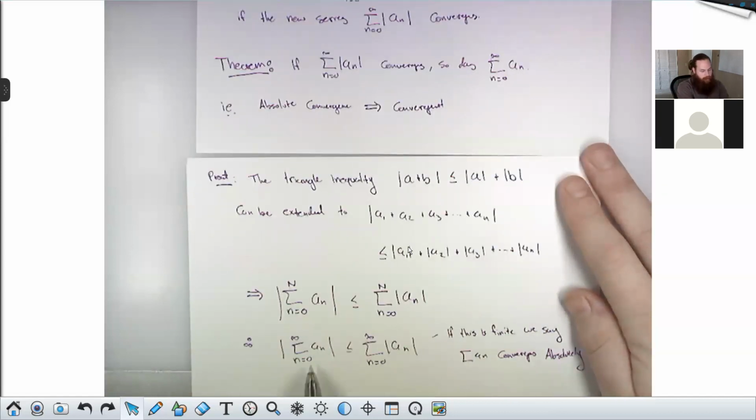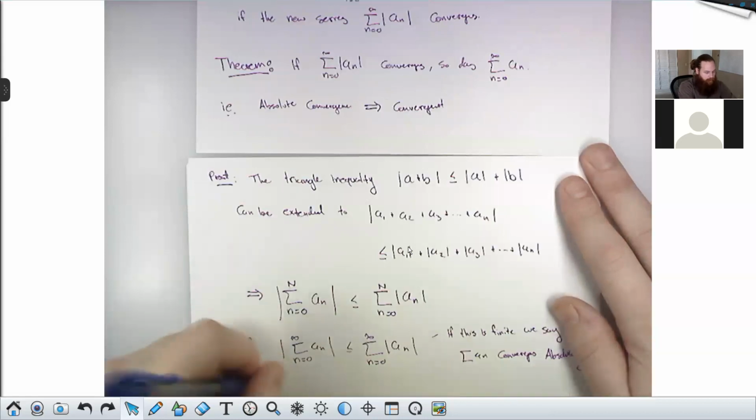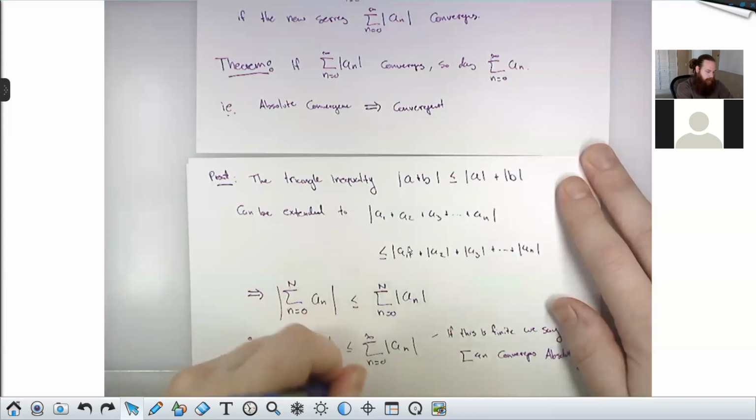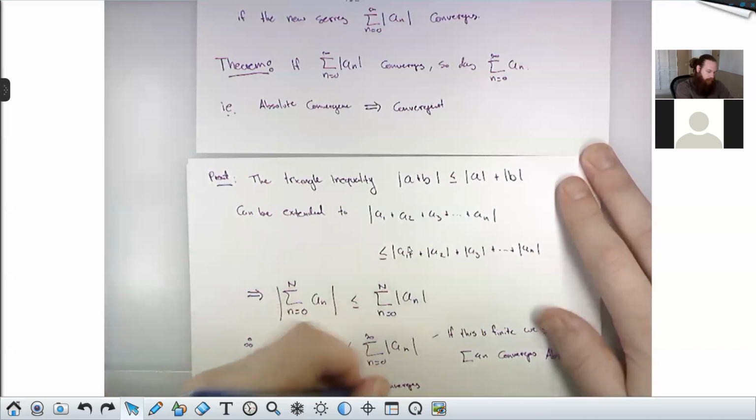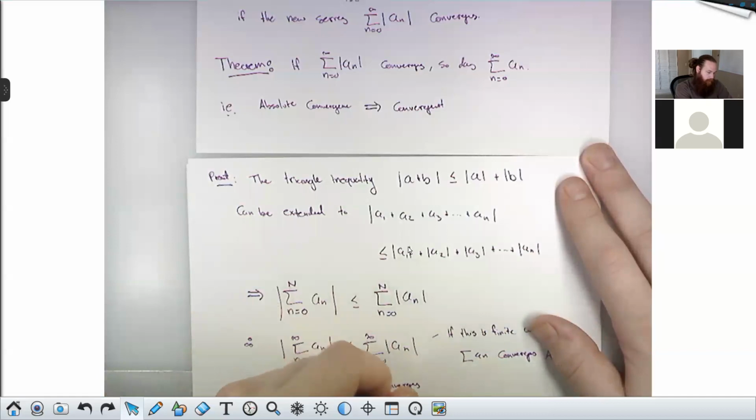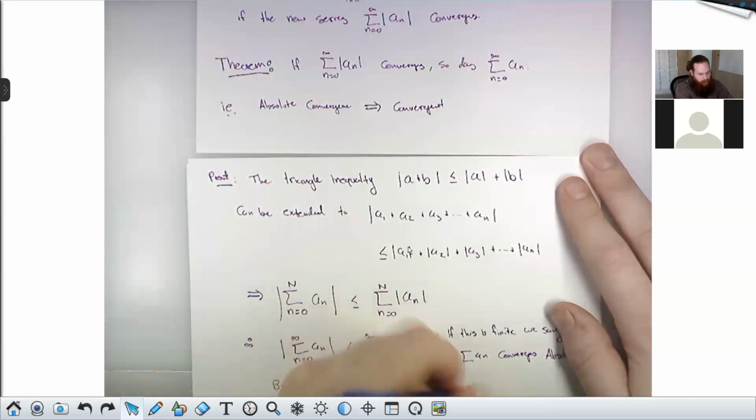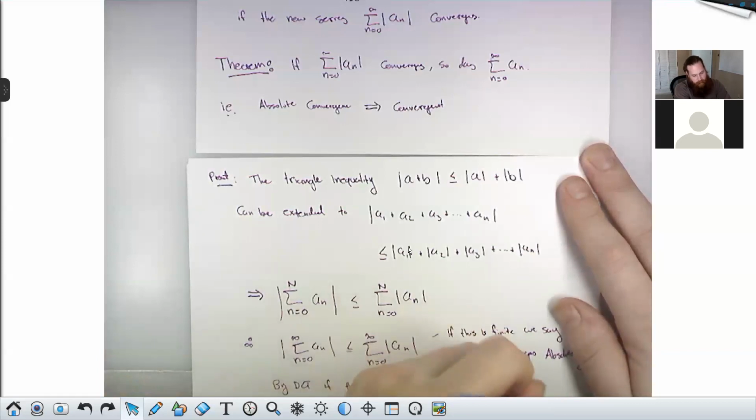And since this is bigger than this by DCT, if this guy converges, so does the absolute value of sigma an, which means the only way for your absolute value to be finite is if this is finite, and that's the proof.